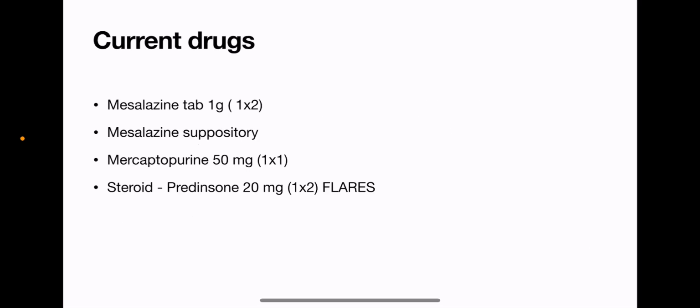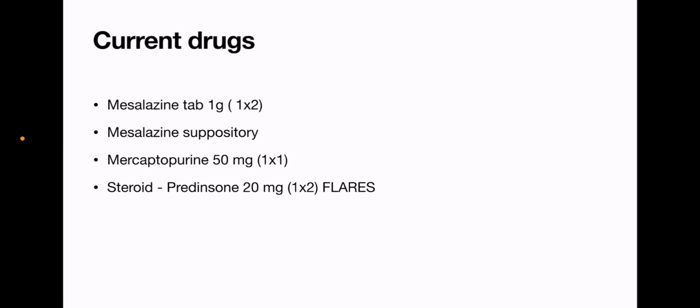And the current drugs that he's on: mesalazine tab, 1 gram. It is a 5-ASA drug, 1 gram, half. He takes this tab 2 times a day, and mesalazine suppository also, which is also I think 1 gram.